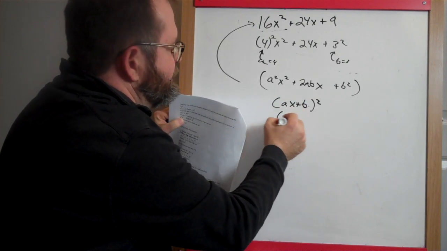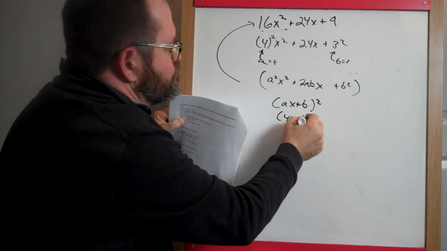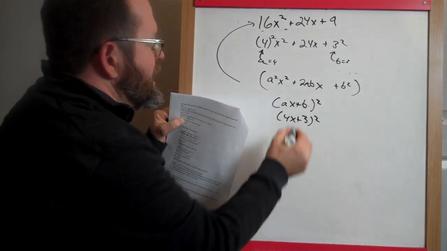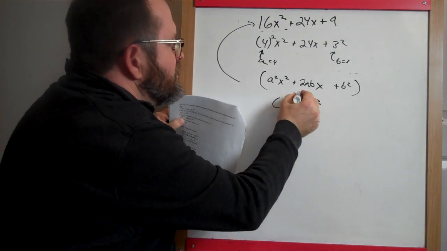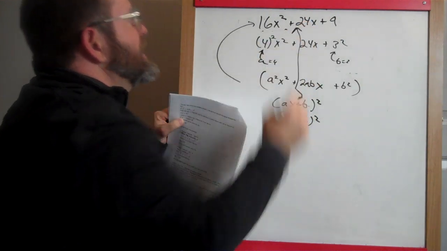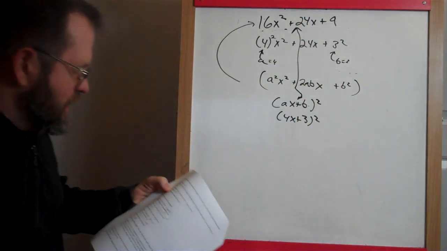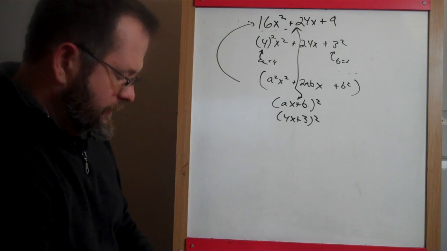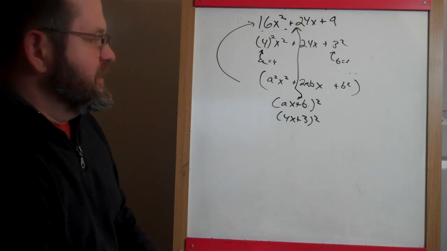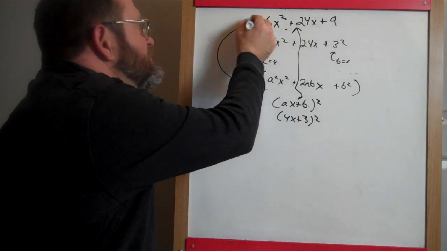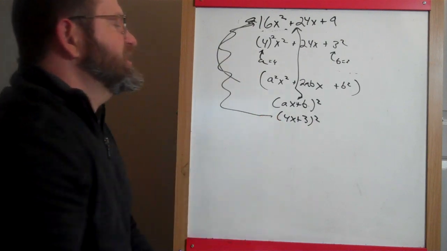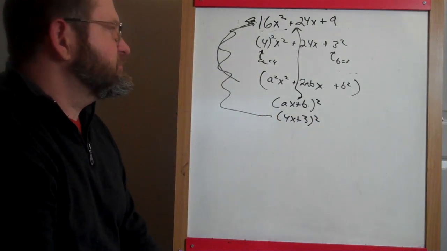Since a was 4 and b was 3, that's our answer. We got this plus sign because this term here was positive. If it had been negative, we'd have used a negative sign there. We'll do an example like that in just a minute. So this expression up here can be factored as a perfect square like this.